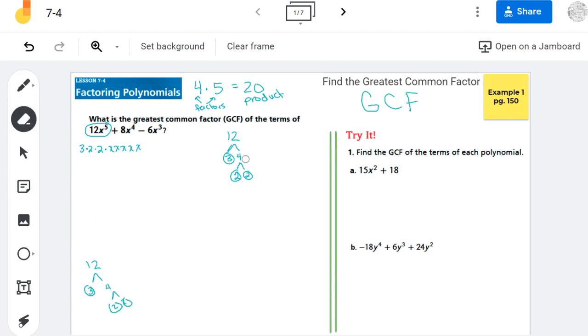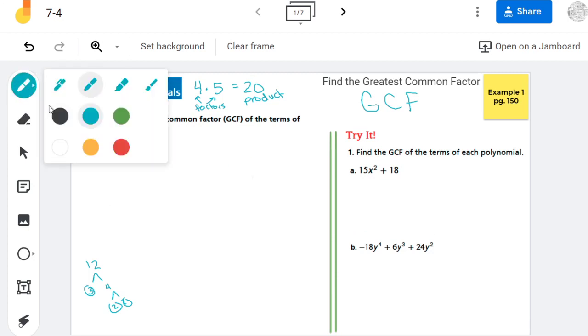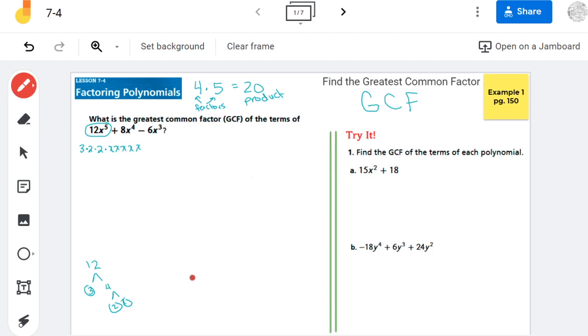There is that first term. Now I'm going to do that again. Eventually you won't need the factor trees. You'll get good enough at these that you could do it with mental math. 8 is 2 times 4, and 4 is 2 times 2.